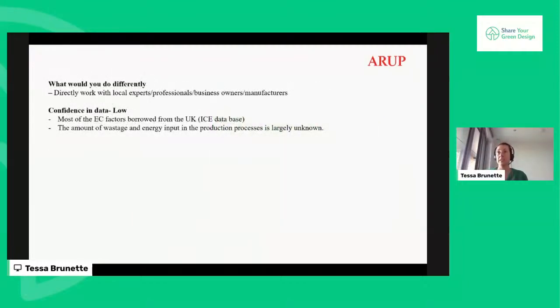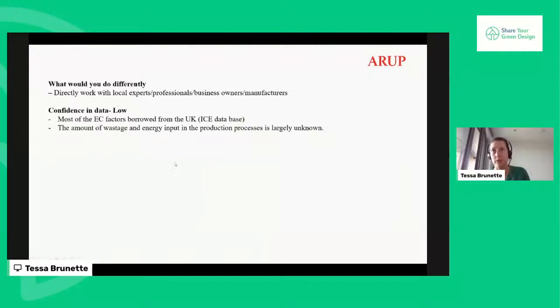So in doing this again, what we would like to be doing is working very closely with industry, and that's industry from across the board, from designers, engineers, architects, to the building owners, to the actual building and construction material industry. The result is that we've got quite a low factor or low confidence in the accuracy of our data, because we had to borrow a lot of information from the UK database.